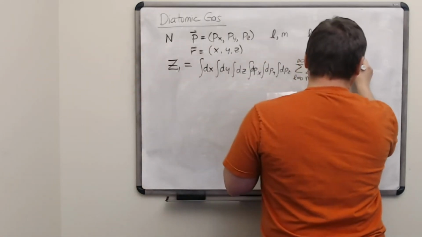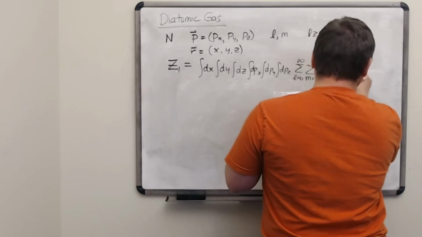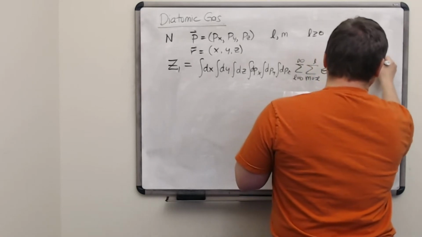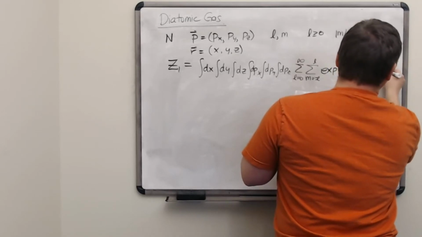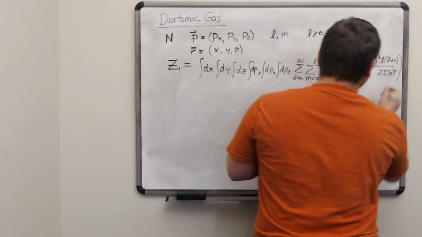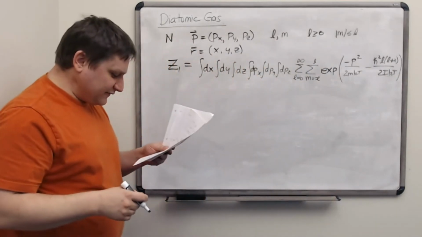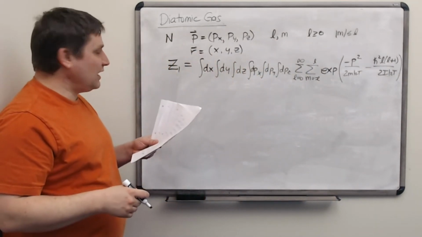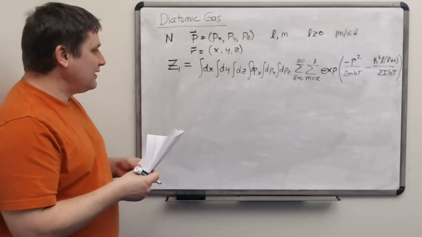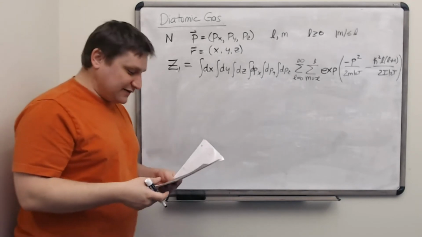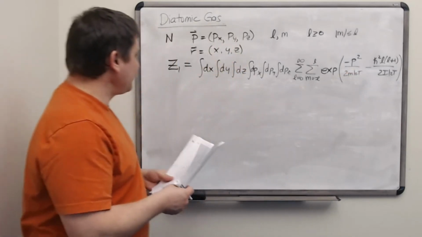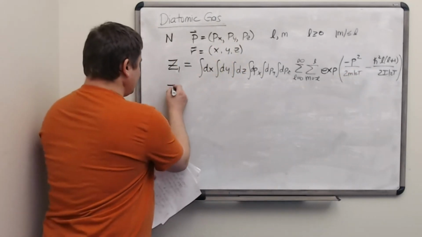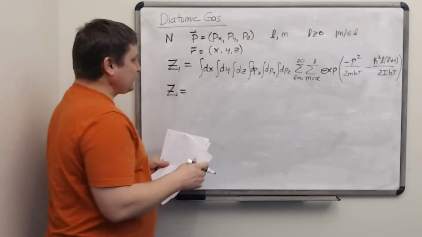So I'll have minus p squared over 2m kT minus h bar squared L(L plus 1) over 2I kT. So that will give me the partition function for just one of the molecules. All right, and that's exact. Now it's a matter of mathematics whether we can work out these integrals or not. Let's try to do that.